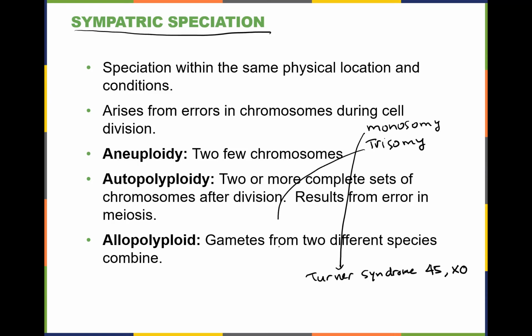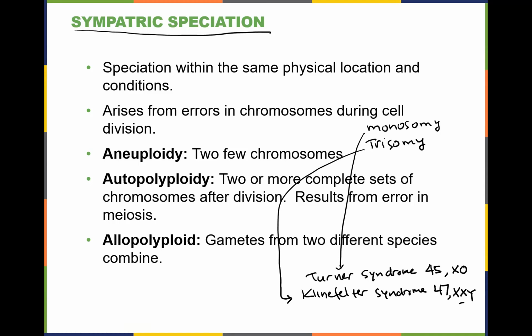An example of trisomy, which has one extra chromosome, is Klinefelter syndrome. It has 47 chromosomes with XXY. It has one extra X chromosome.